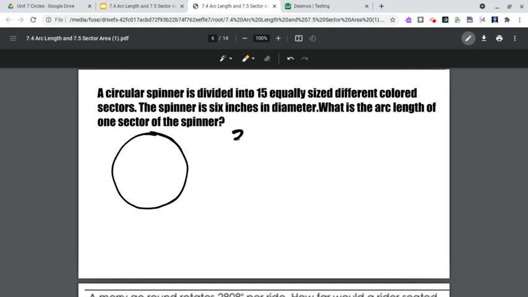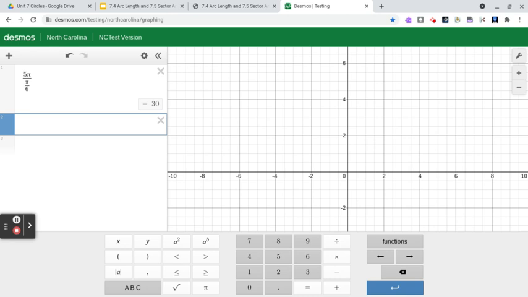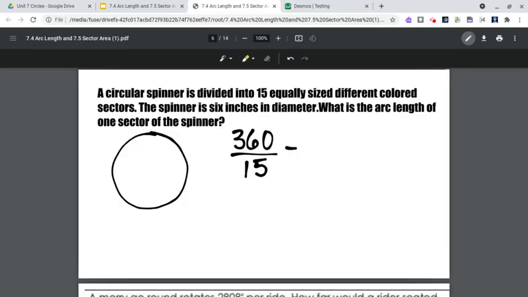So I'm going to take 360 and divide it by 15 because that will give me the theta measure of each individual sector. 360 divided by 15 means that each sector is 24 degrees.